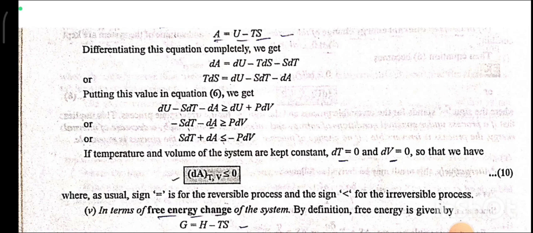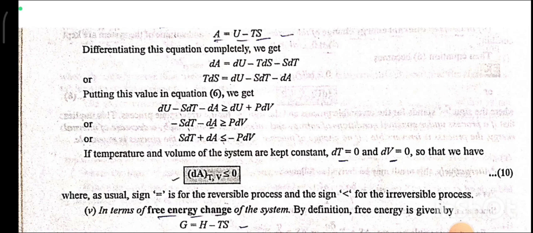Putting this value in equation 6, we get dU minus SdT minus dA is greater than or equal to dU plus PdV. Minus SdT minus dA is greater than or equal to PdV. SdT plus dA is smaller than or equal to minus PdV. If dT is equal to 0 and dV is equal to 0, dA at constant T and V is smaller than or equal to 0.